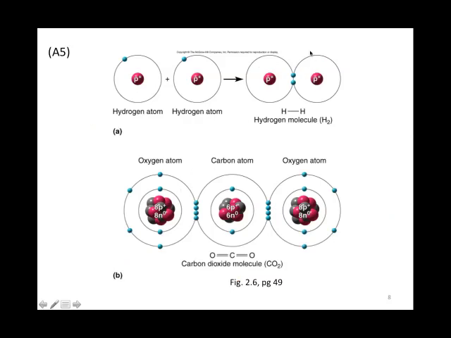Okay, second type of bonding, covalent bonding. There are two types: polar covalent and nonpolar covalent. What this polarity refers to is the fact that some electrons, well, let me define covalent bonds for you first. Covalent bonds are where electrons are shared between atoms.